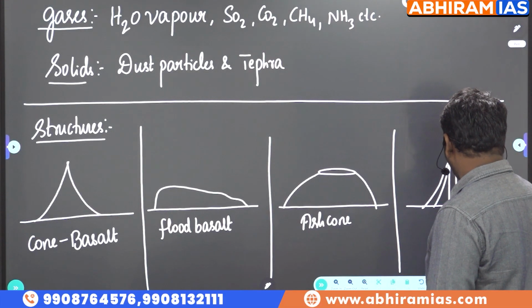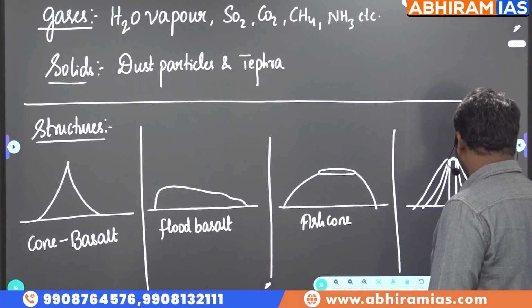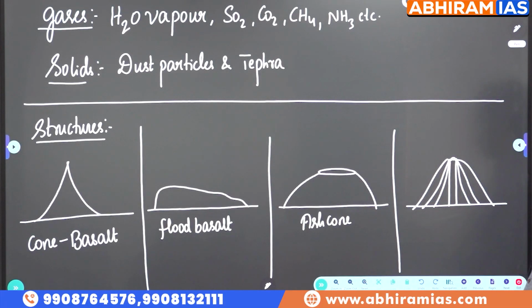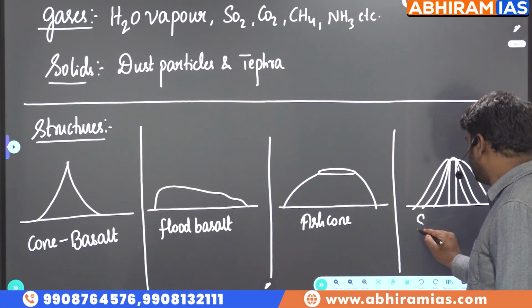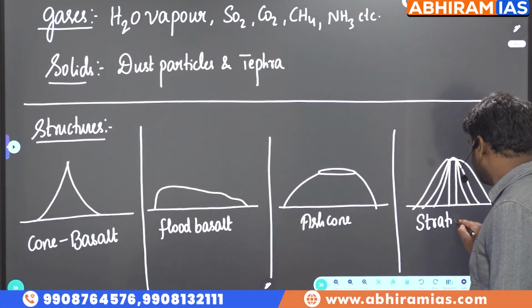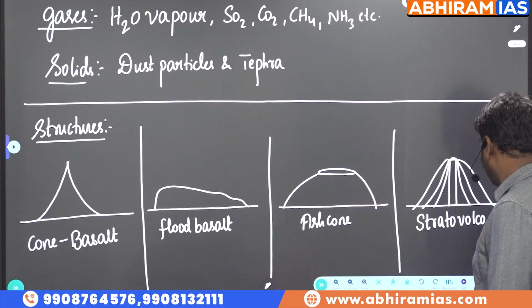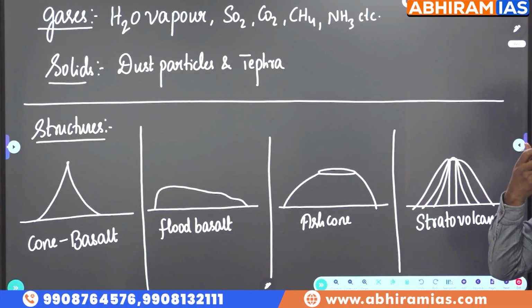Alternatively, if ash and lava are present, then this particular one is called stratovolcano. Okay, so these are the structures associated.